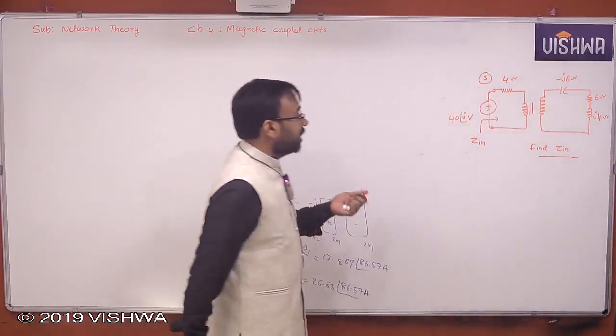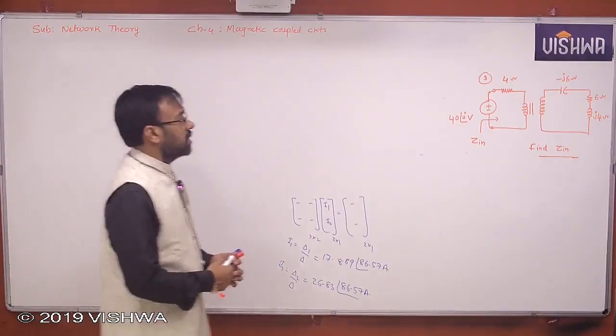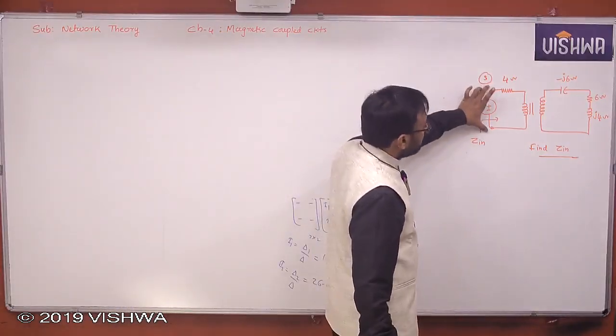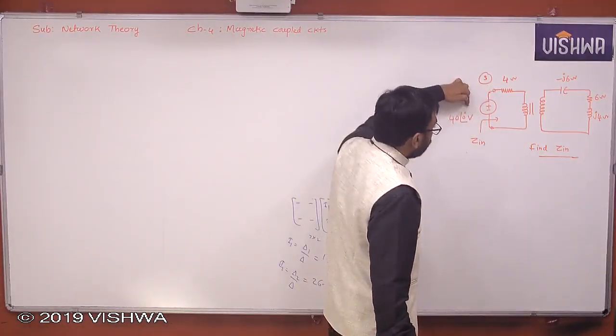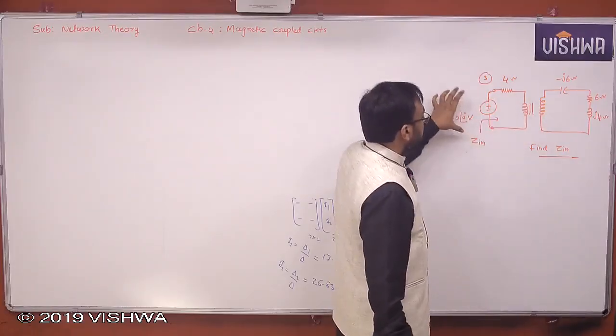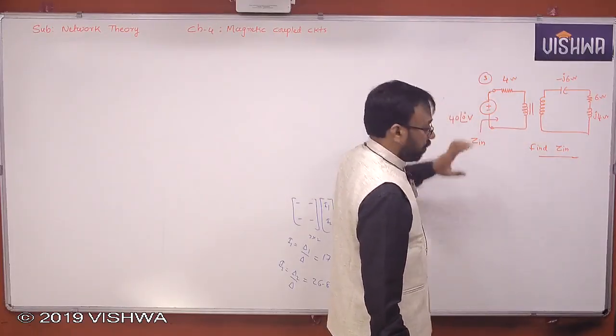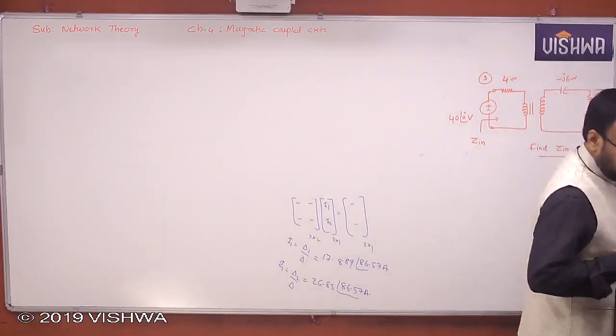What is asking Zn? Input impedance across these two terminals. This is the source, input source to this entire circuit, and is asking you to find the input impedance. So let me just give you the question clearly.